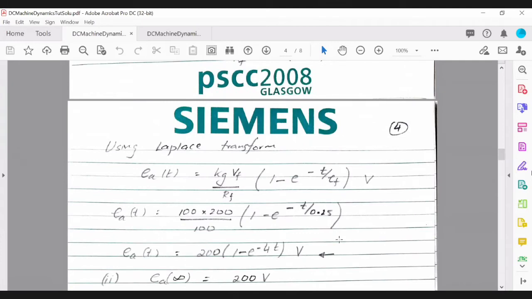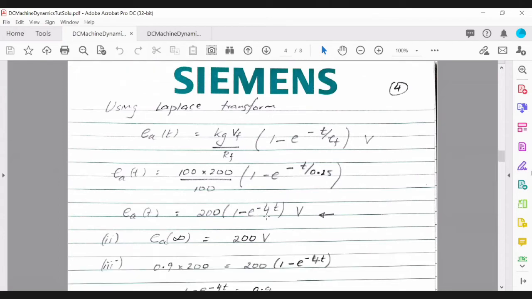So I've basically substituted the values and worked out the expression for the armature voltage, right?